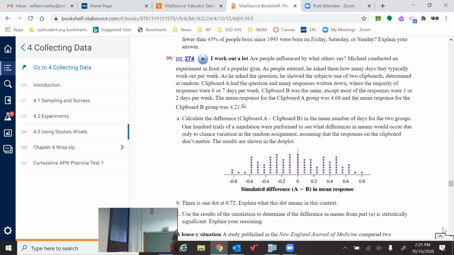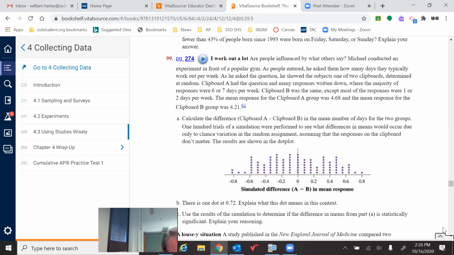And then B asks, or C is, determine if the difference in means from part A is statistically significant.